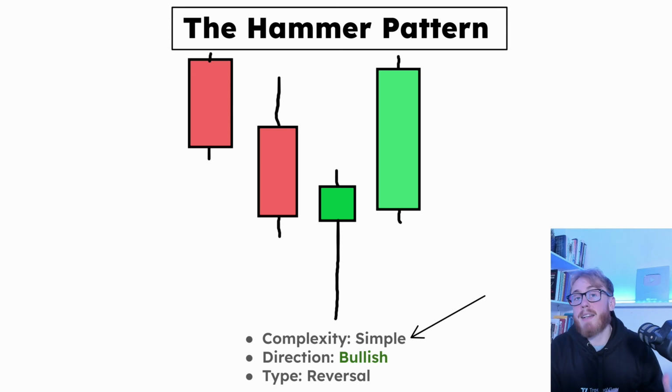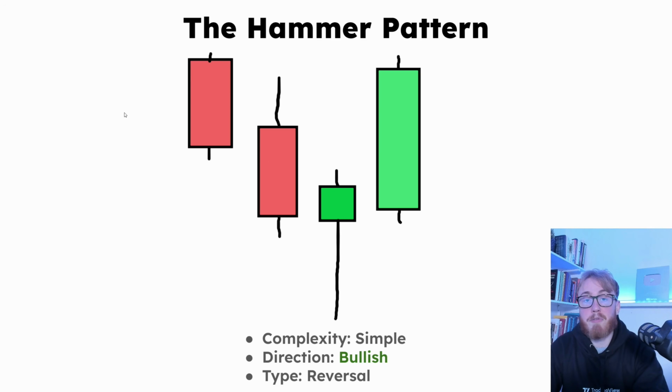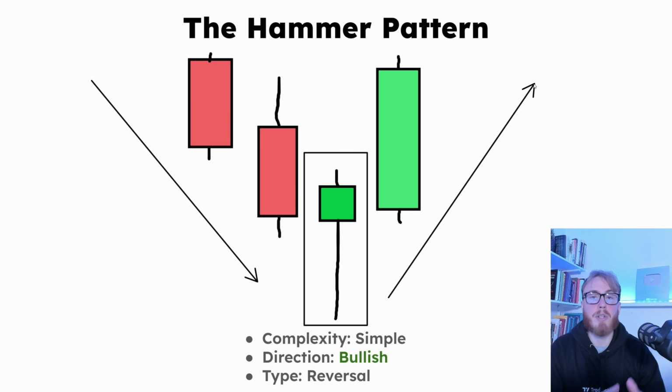And a simple pattern is a candlestick pattern that consists of only one candle. And in this case, the actual pattern is this one right here. The direction of this candlestick pattern is bullish, and the type of the pattern is reversal. So before the pattern appears, we need to see a downtrend. Then we see the actual pattern, and the goal of the pattern is to reverse the price towards the upside.